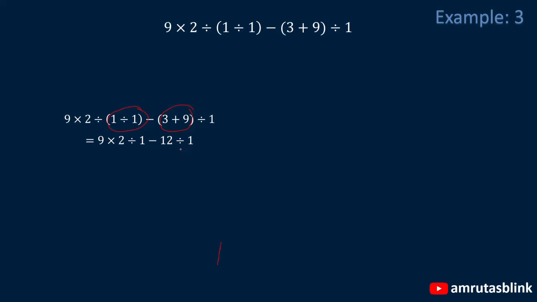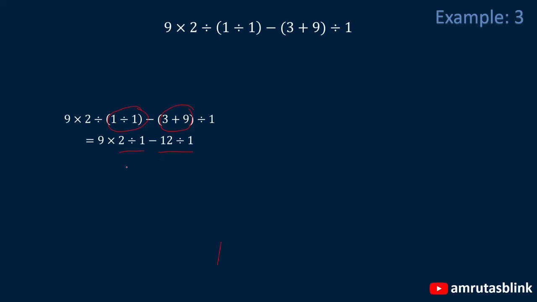Now we need to solve the division part. So we'll solve this division and this division. Hence we have 9 into, now 2 divided by 1 is 2, and minus 12 divided by 1 is 12. So we have 9 into 2 minus 12.